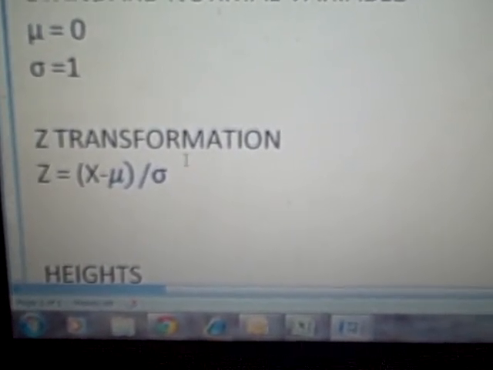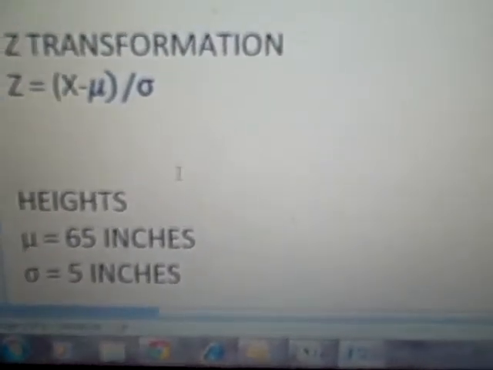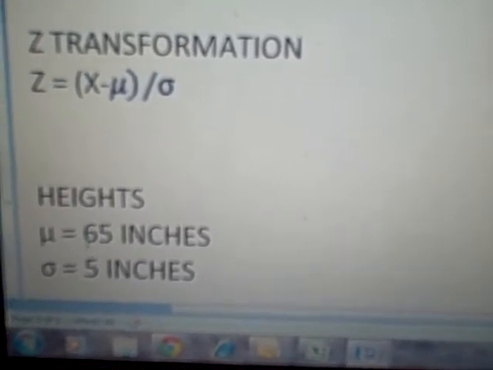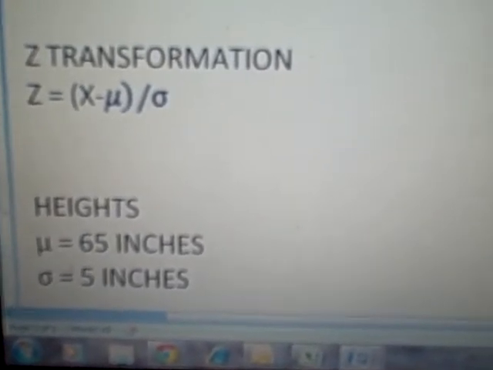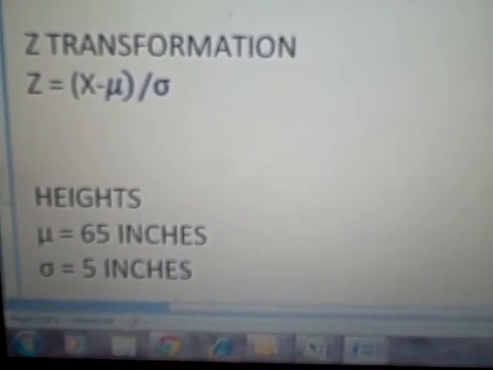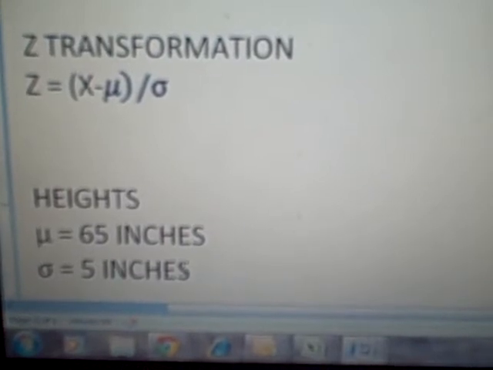Let's give an example. Suppose the heights of people in a certain group have a mean of 65 inches and a standard deviation of 5 inches. 65 inches is 5'5", and standard deviation is 5 inches.